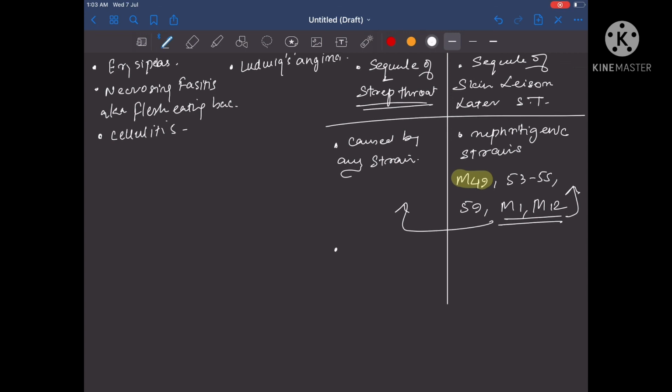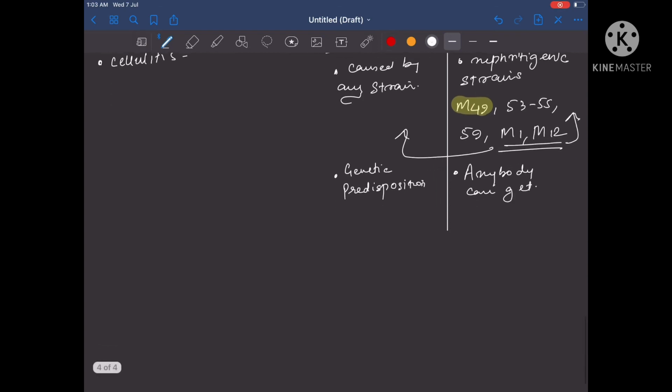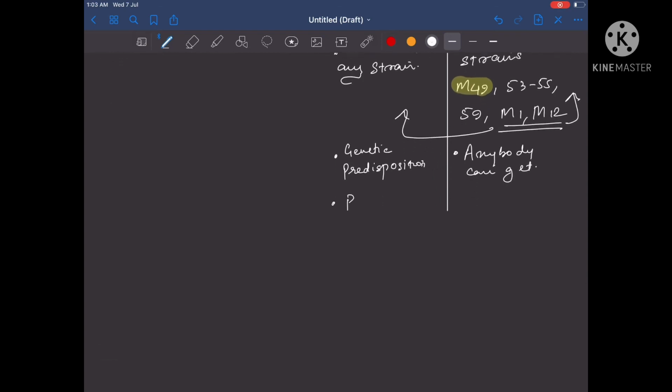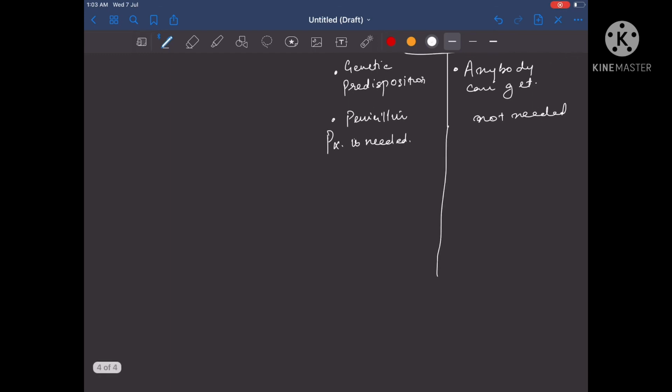Another thing about acute rheumatic fever is that it has genetic predisposition, and PSG anybody can get; there is no genetic thing going on here. In acute rheumatic fever, penicillin prophylaxis is needed. On the other hand, in post-streptococcal glomerulonephritis, no penicillin is needed.